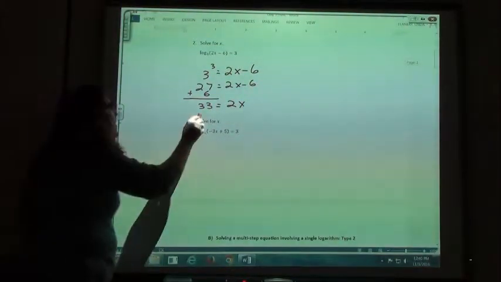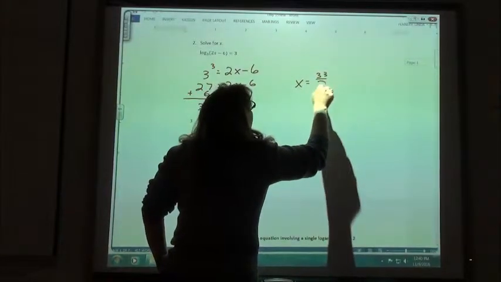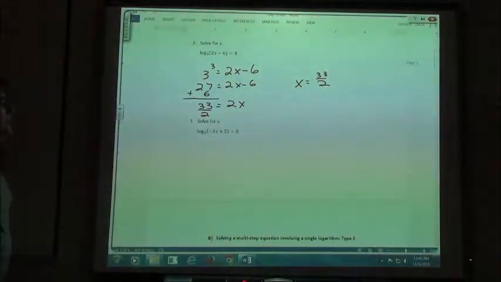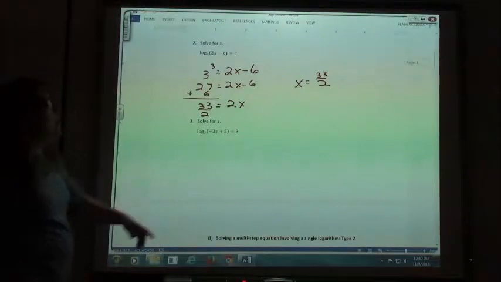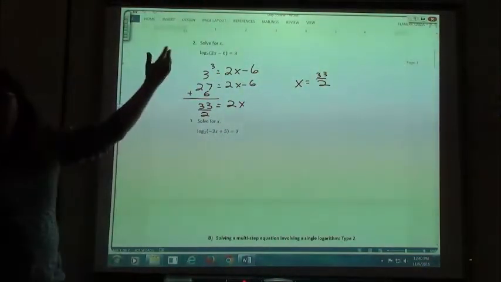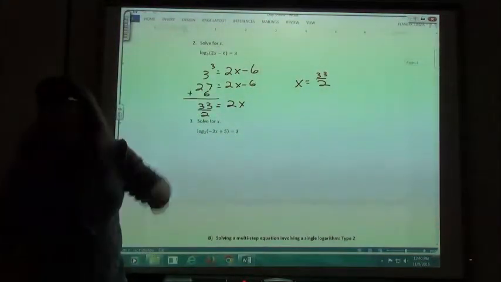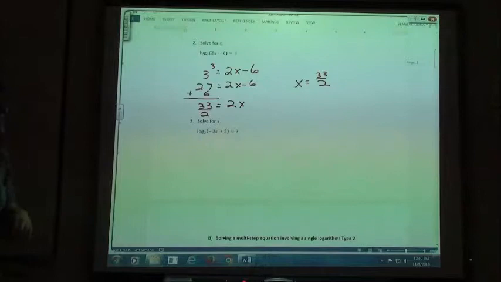And then, of course, we're going to divide. So x is 33 halves. Again here, if I take 33 and divide it by 2, I'm going to be over 15 anyway. 15 times 2 is 30. 30 minus 6 is still going to give me a positive number.